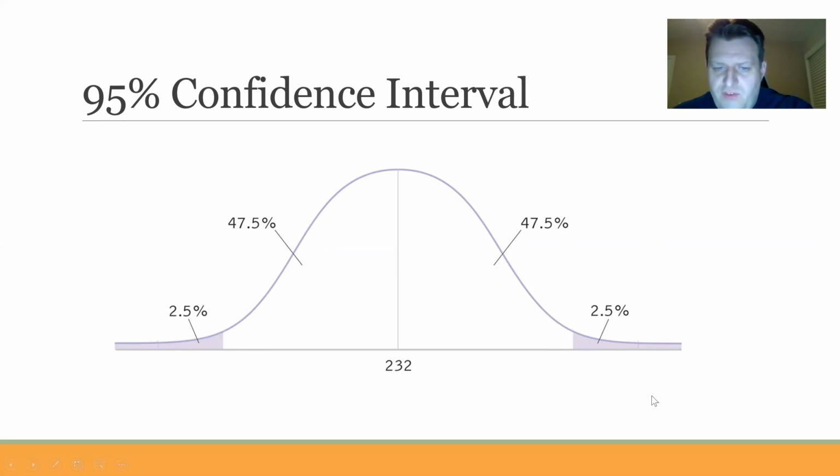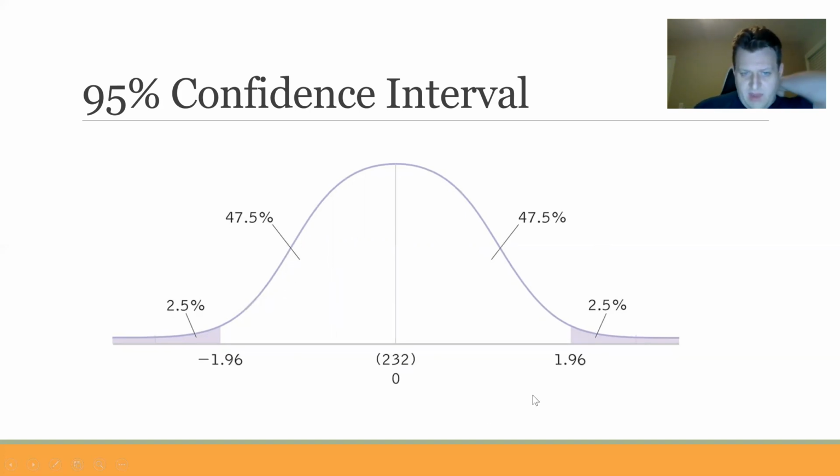All right. So we need to find the z-values at which 2.5% of people score above it and 2.5% of people score less than that. All right. This is a z-value that we've already looked at. In fact, the z-value is 1.96. Okay.